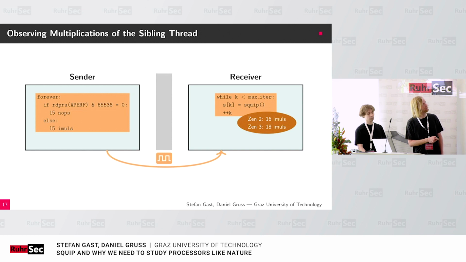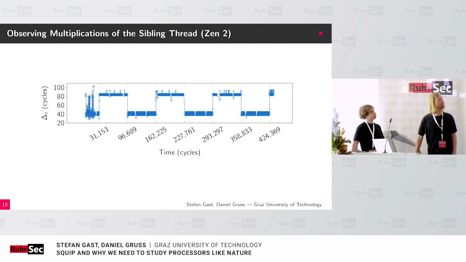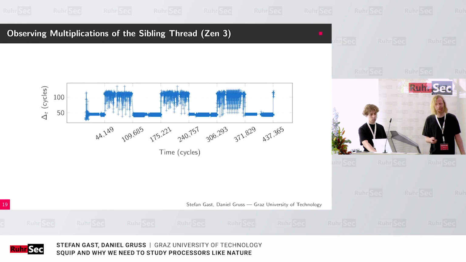For 0, we just execute 50 nops, and for 1, we just execute 15 multiplications, and we do that in a loop. And what we see by doing that is a really nice signal where we can clearly distinguish the ones from the zeros. And this is on Zen 2. On Zen 3, it's a little bit more noisy, but it still works.